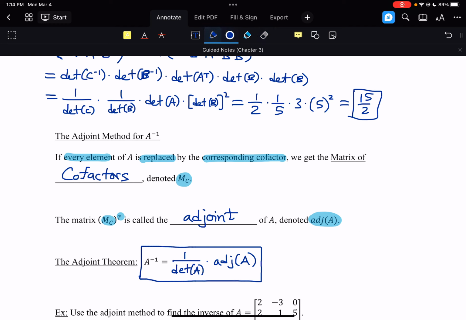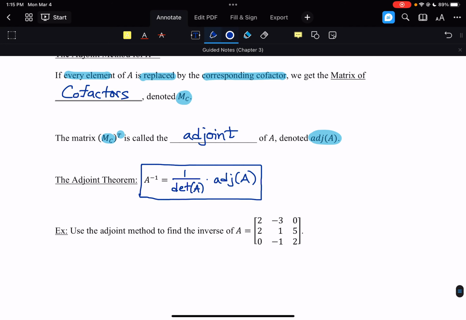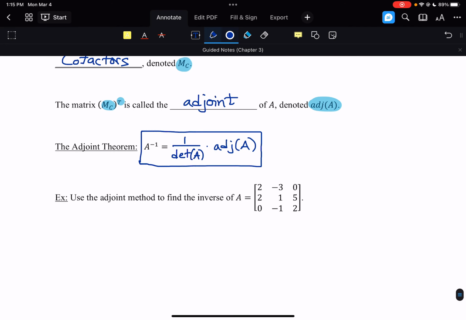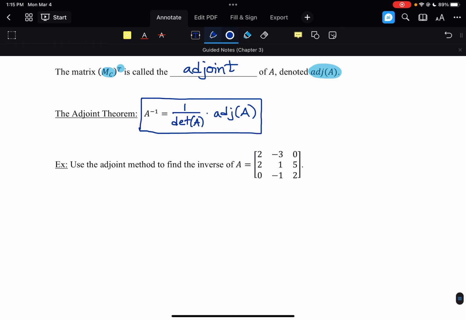We just, of course, don't say that right away, but here we are now. We can use the adjoint method just as well as we can use the EROs that we saw back in chapter 2. So, for example, use the adjoint method to find the inverse of this matrix A.